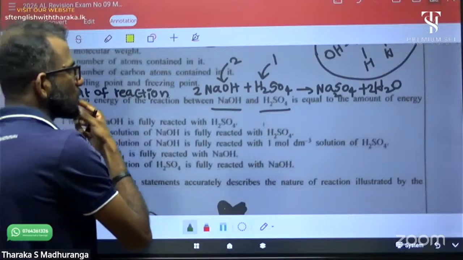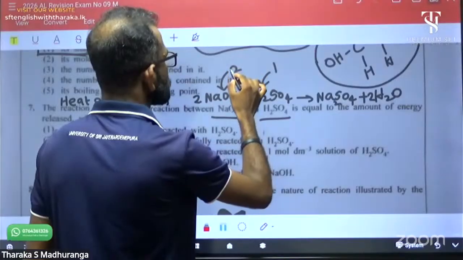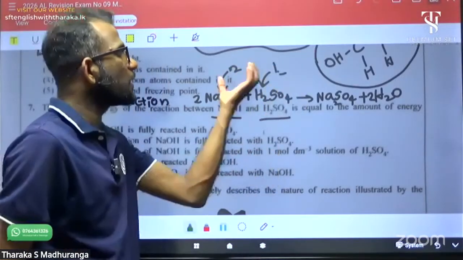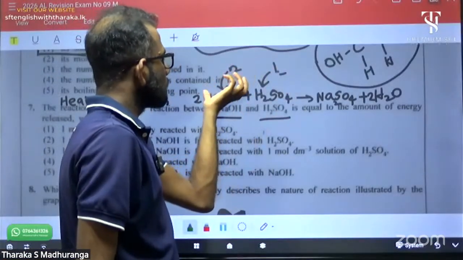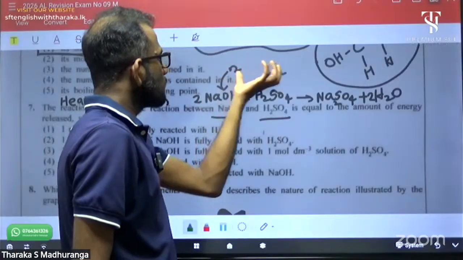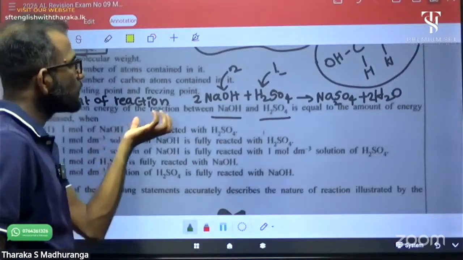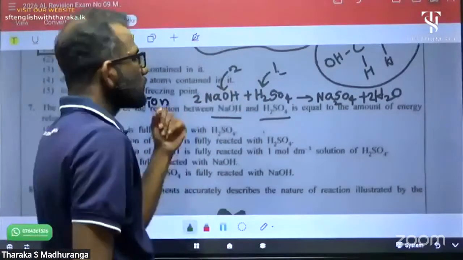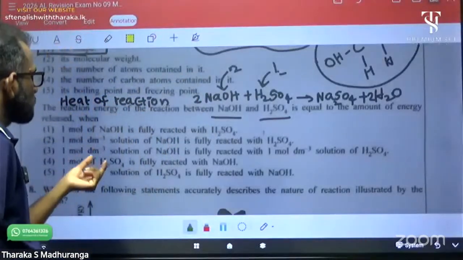No. If you have 1 mole of sodium hydroxide, it's only half finished. Sodium hydroxide finishes quickly because it's reacting two times.